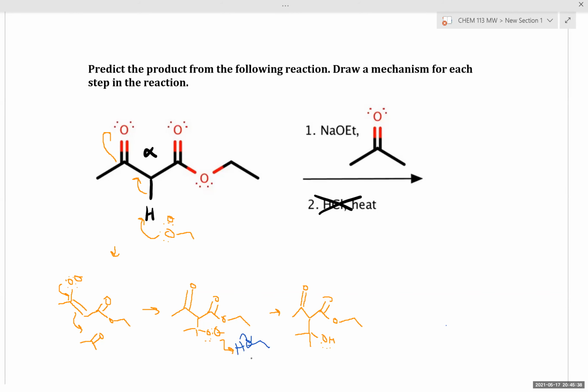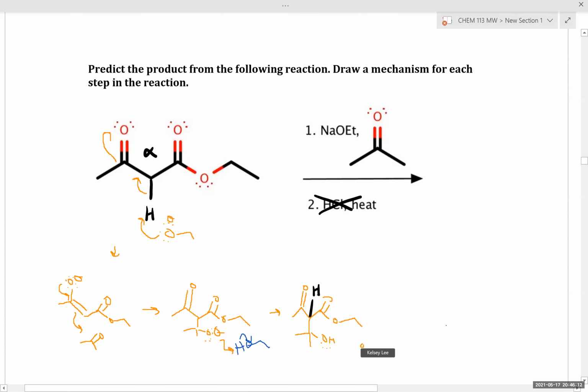Would you be able to show the mechanism for how we can eliminate hydroxide under basic conditions? So we're not going through water as a leaving group. Under basic conditions, we can actually just kick out hydroxide.